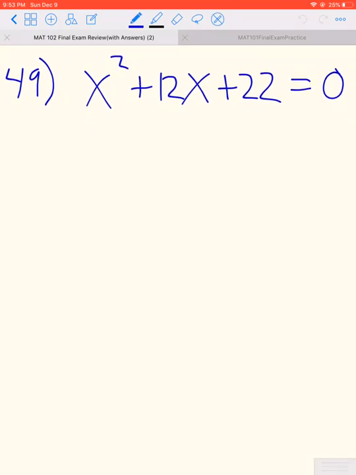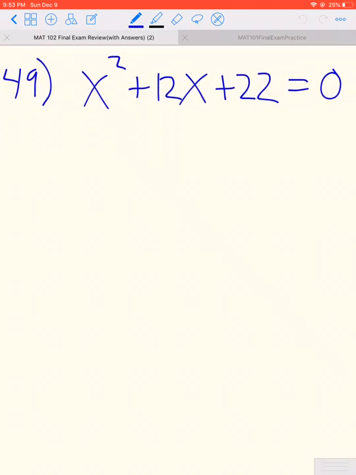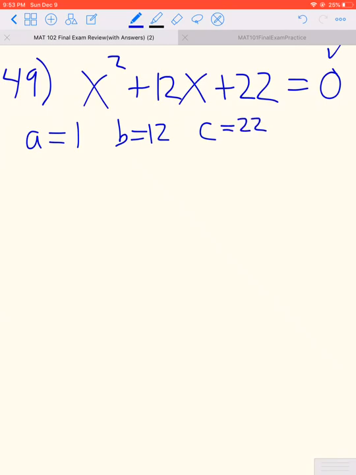In question 49, they ask us to solve this by using the quadratic formula. First of all, you have to have one side set equal to 0, which we do. Then we want to identify the coefficients. The a is going to be 1, the b is positive 12, and the c is 22. You have to know the quadratic formula for the final.